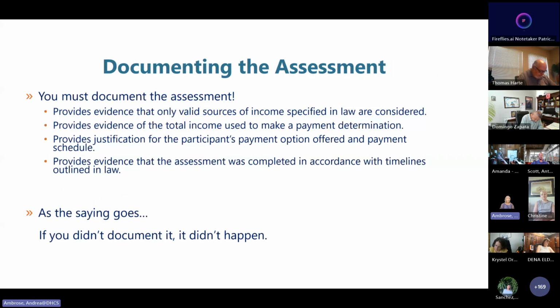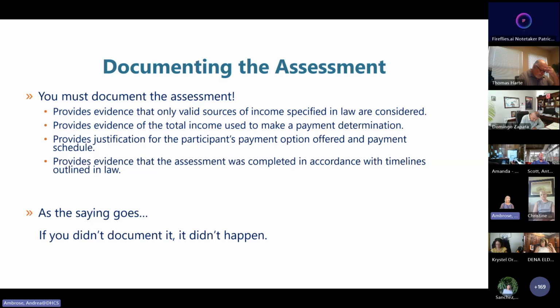Again, document, document, document. You must document your assessment. This will provide evidence that you've only looked at valid sources of income according to what the law says, and it'll show evidence of whatever the total income was that you figured in order to make your payment schedule determination.